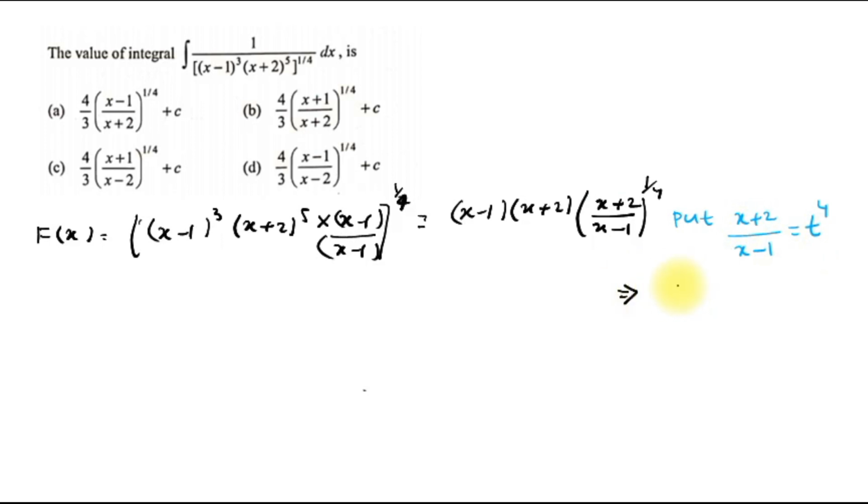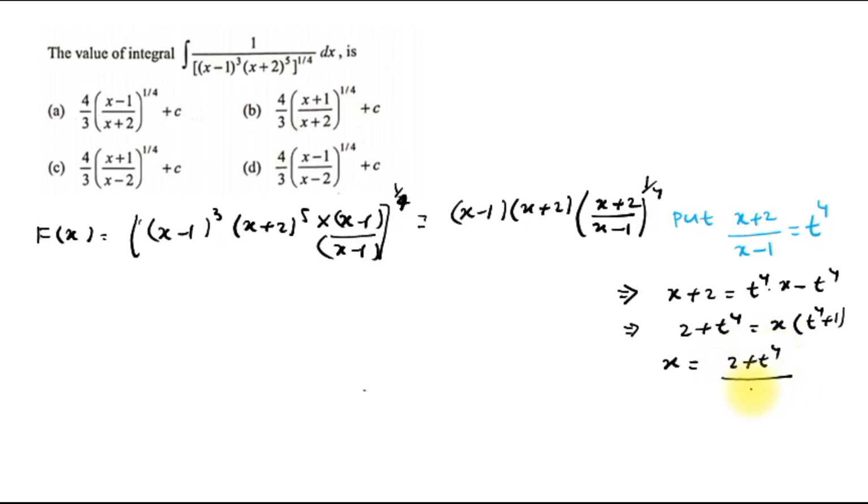After simplifying, we get x plus 2 is equal to t⁴ into (x minus 1), which is t⁴x minus t⁴, and here we can write it as 2 plus t⁴ is equal to x into (t⁴ minus 1). So x is equal to (2 plus t⁴) divided by (t⁴ minus 1).